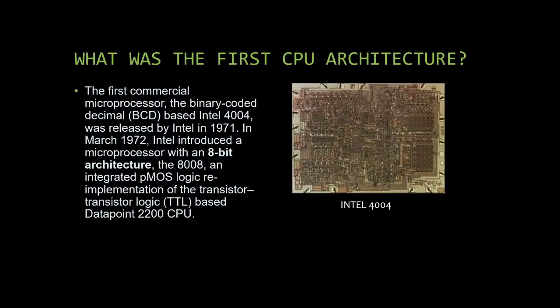Next, what was the first CPU architecture? The first commercial microprocessor, the binary coded decimal, or BCD, based Intel 4004, was released by Intel in 1971.